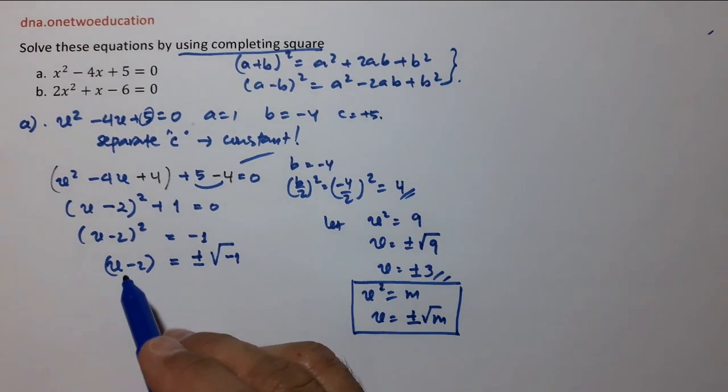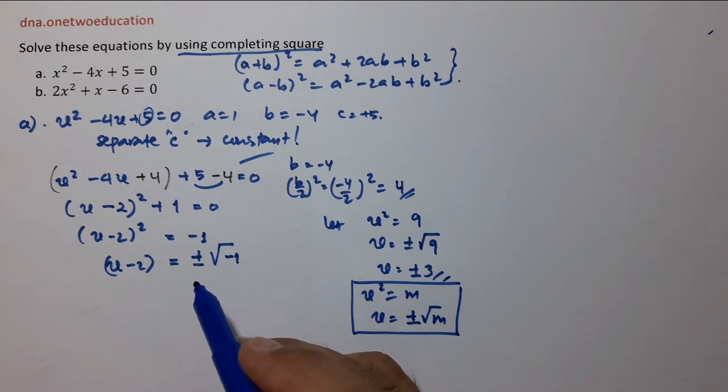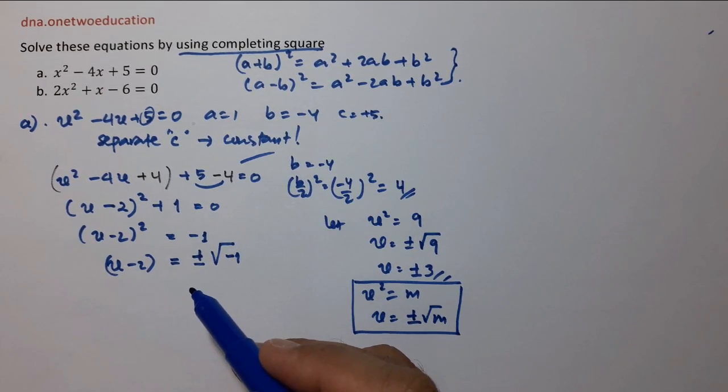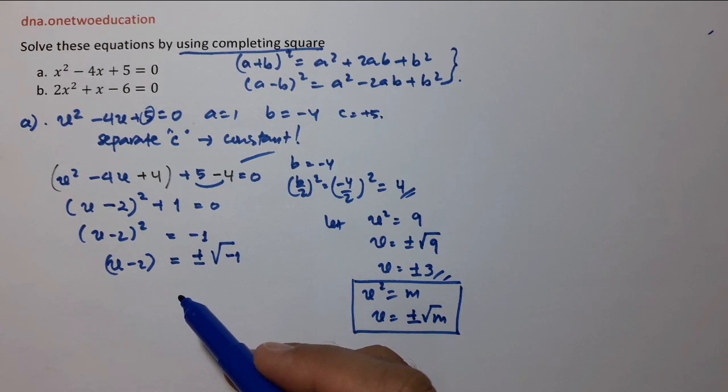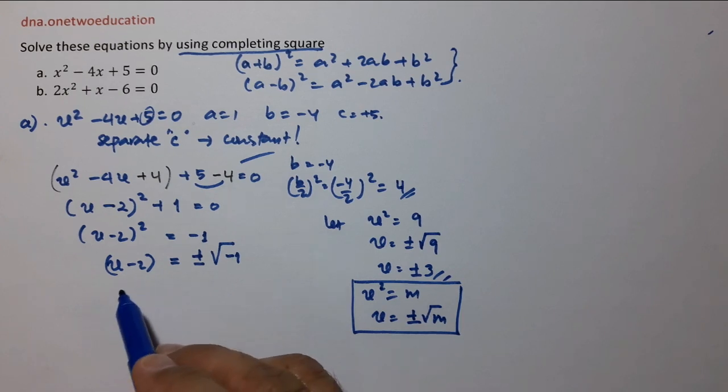Okay, students. Next, now we have x minus 2 equals plus or minus root of minus 1. Actually, there is no solution for root of minus 1, but I want to show you how to solve this expression.